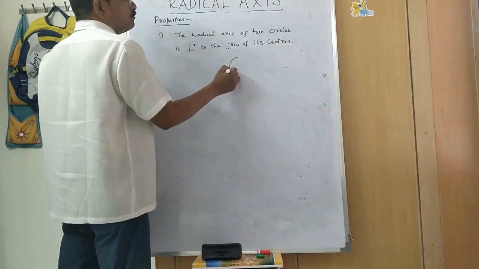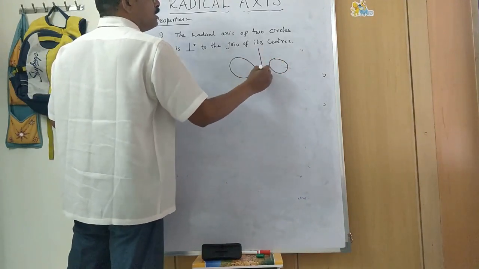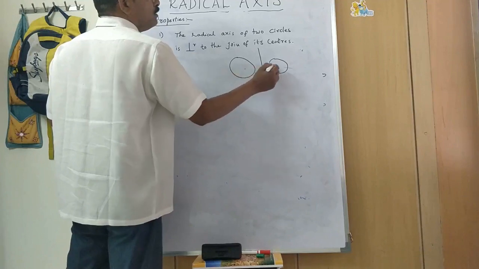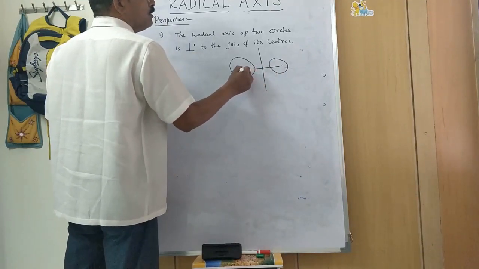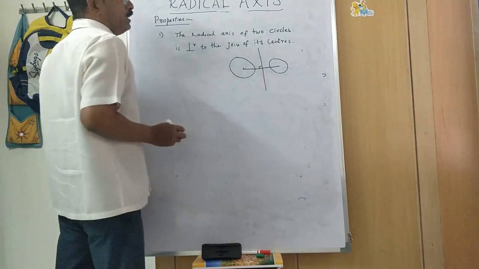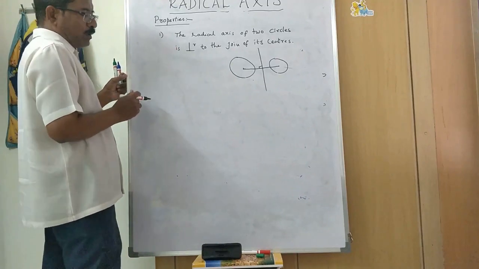That means these are the two circles. Here we have the 90 degrees angle. Right? This is one property.